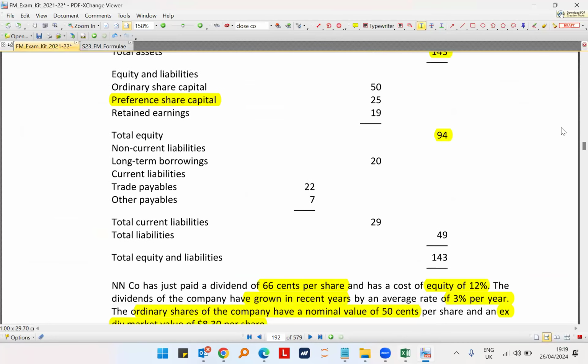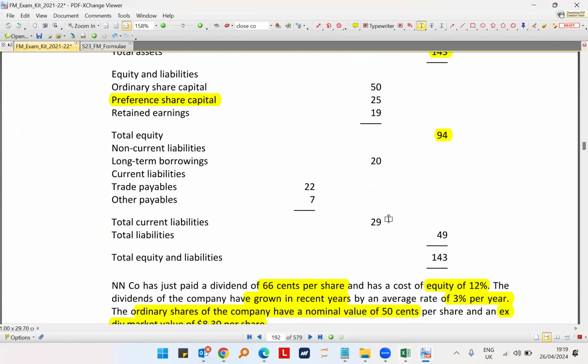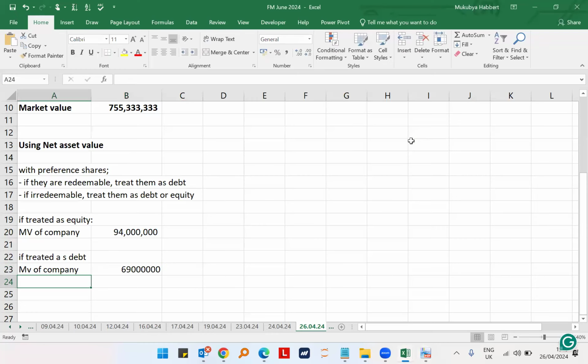Now you are going to add the 49, and then you also remove the preference share capital of 25 million. So that is the difference. So if you treat them as debt, then market value will become 69. Okay.